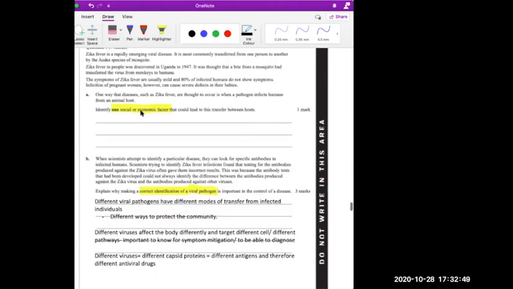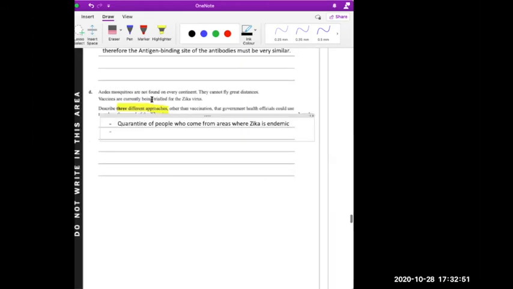Right, so they use a mosquito vector, right? They're not found in every continent, and they cannot fly great distances. So with mosquitoes, it's about getting rid of the mosquitoes, right? The virus cannot spread without these mosquitoes, so you can control the population of the mosquitoes.